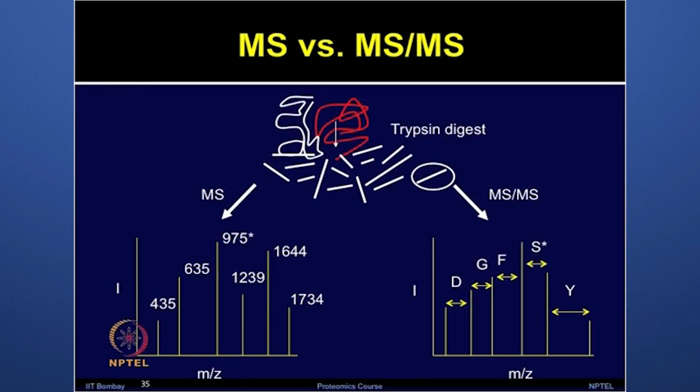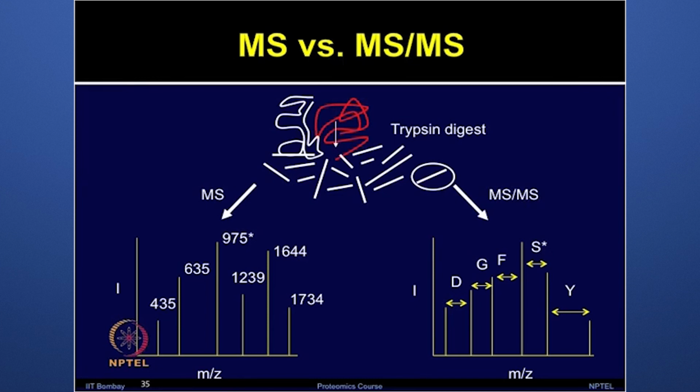This slide gives you a comparison of MS versus MS/MS analysis. In MS, a peptide is fragmented and masses of the fragment ions are recorded in a spectrum. The tandem MS, or MS/MS, uses two stages of mass analysis, as we talked about earlier.